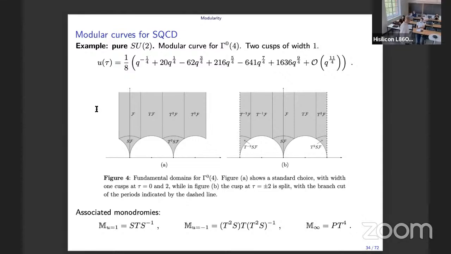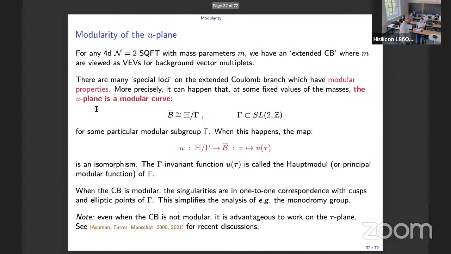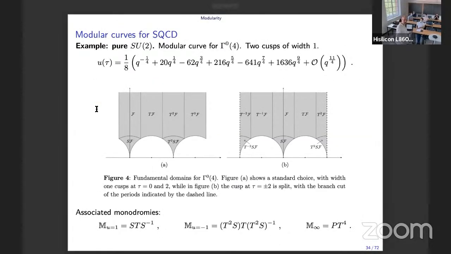There are two nice papers that I can refer to, in the last year or so, by Manschot and his students, when they look at, in general, this map, even when it's not modular. What happens when it's not modular is that instead of having an actual fundamental domain, it's not single valued; essentially there would be branch cuts on various parts of what you would still want to call the fundamental domain. I'm not sure what the full physics is.